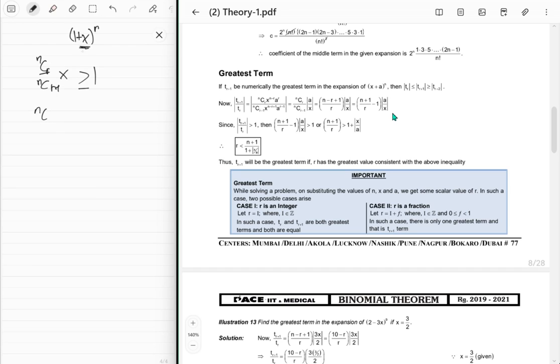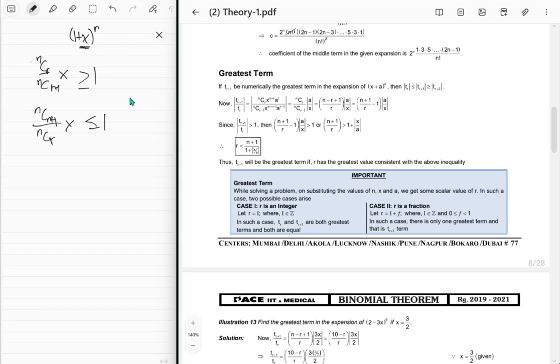So x is just a positive ratio, right? It's the numerically greatest term, not thinking about the actual signs or anything. And then you've got nC(r+1) upon nC(r), that times x, should be less than or equal to 1. So when does this happen? That's what we're asking.